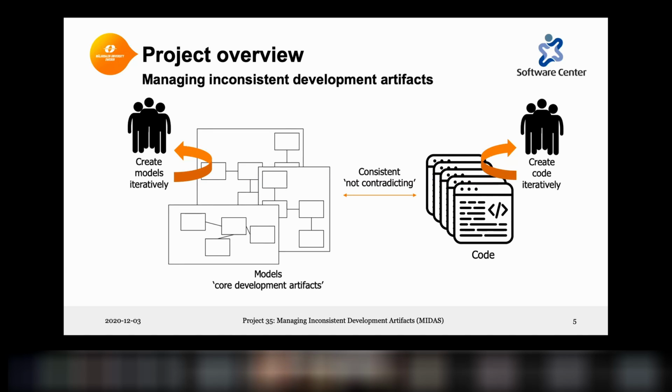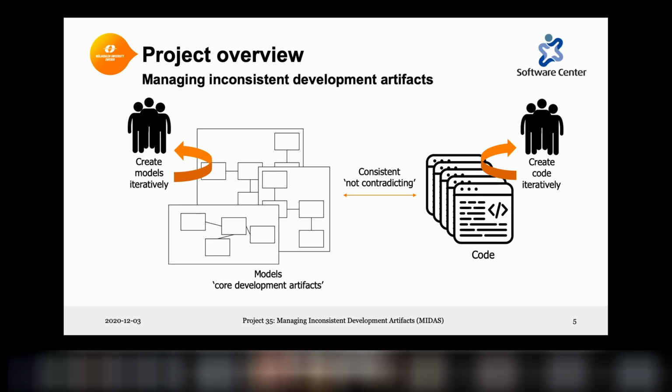Then this problem of inconsistency emerges when the models are developed frequently and are core development artifacts, meaning that the code that is eventually created should be in line with those models.